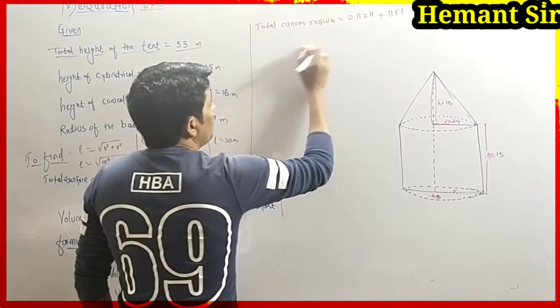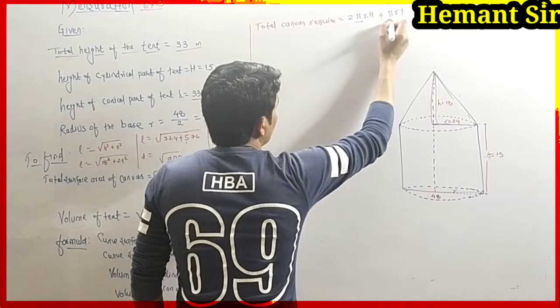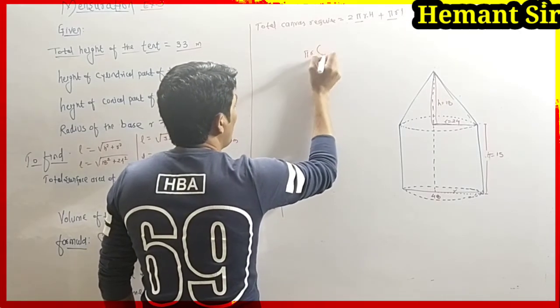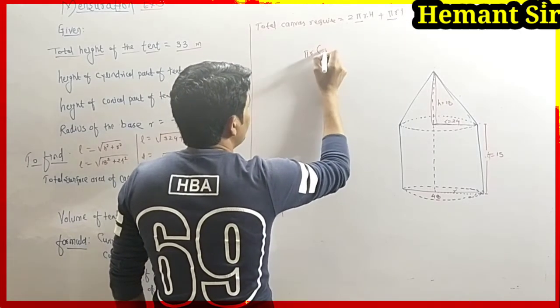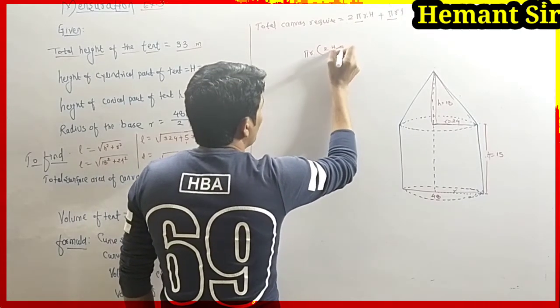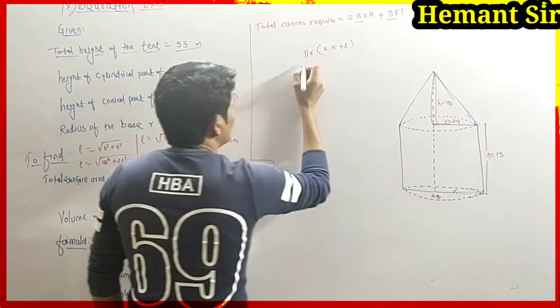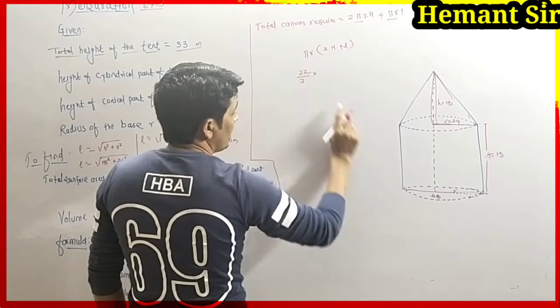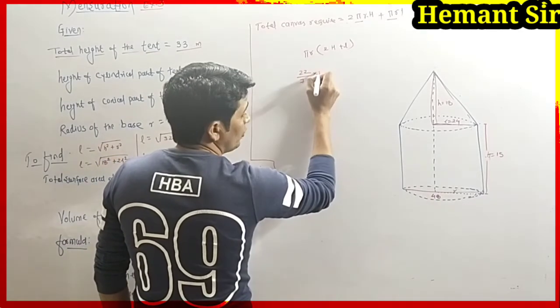So we have pi R, and here pi R is common. So we have to take pi into R common. So what will remain inside? It is 2 into H plus L. So pi is 22 divided by 7 into R, R is 24.